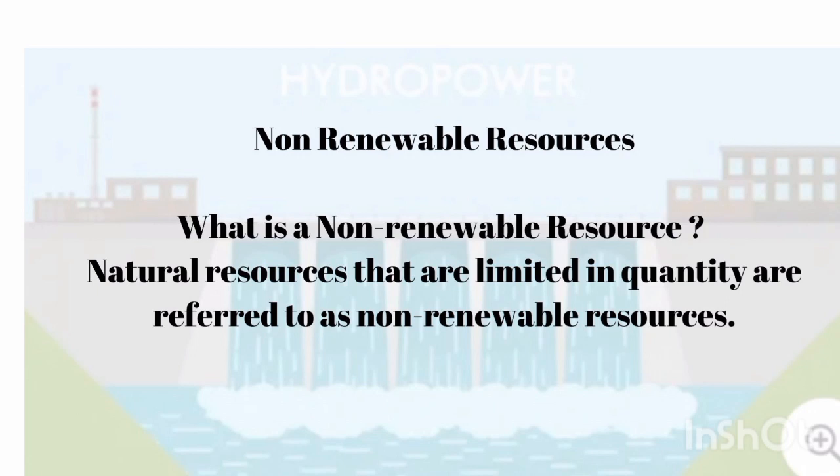That is, these are natural resources that are limited in quantity, and these resources cannot be regenerated in a short period of time. These resources cannot be reused. What are the types of non-renewable resources? Number 1, fossil fuel.